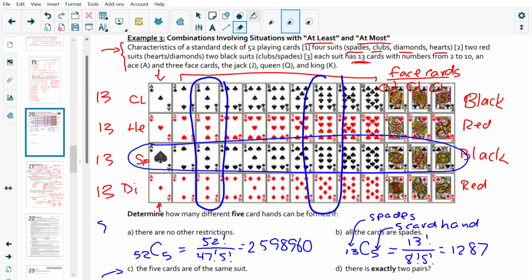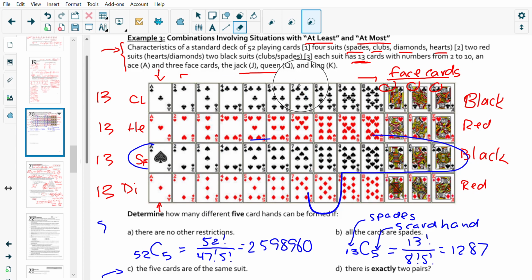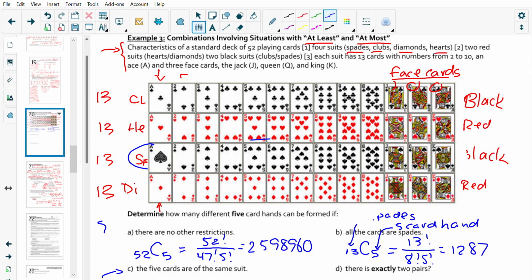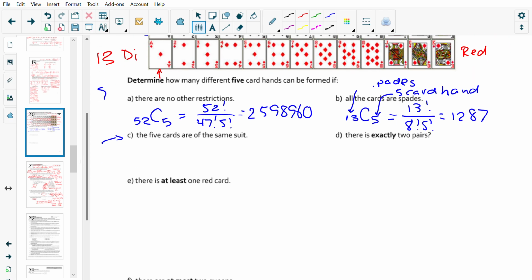Okay, letter C. The 5 cards are of the same suit. Same suit. So the previous one we just did in letter B, they're spades, right? So we found that there's a combination of 13 things taken 5 at a time.